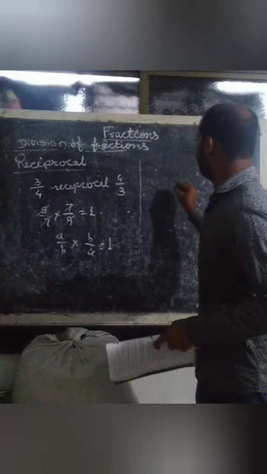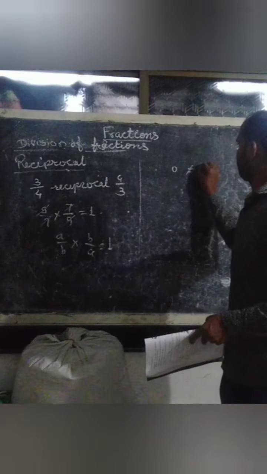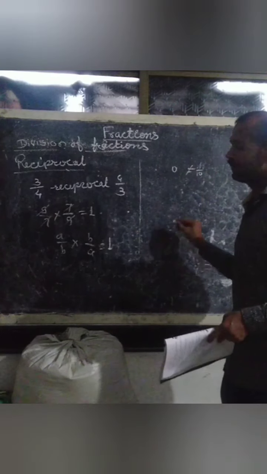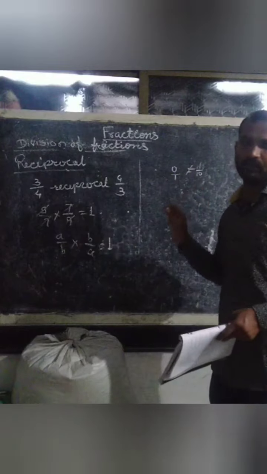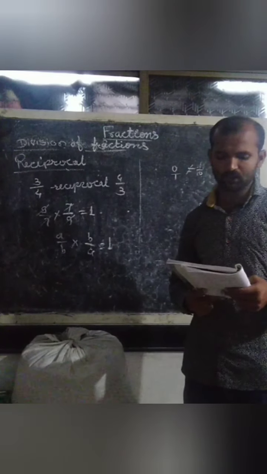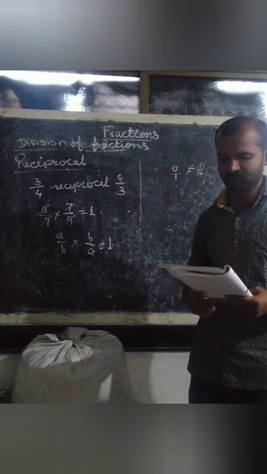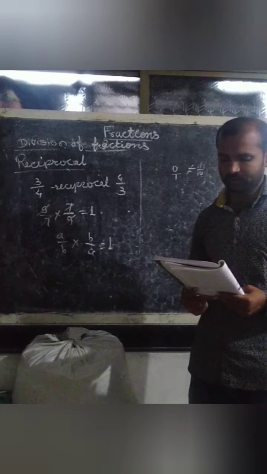Students, you need to remember, reciprocal of 0 is not equal to 1 upon 0, because 0 upon 1 is a fraction, but 1 upon 0 is not a fraction, it's not defined. Reciprocal of a proper fraction is an improper fraction, and reciprocal of an improper fraction is a proper fraction.